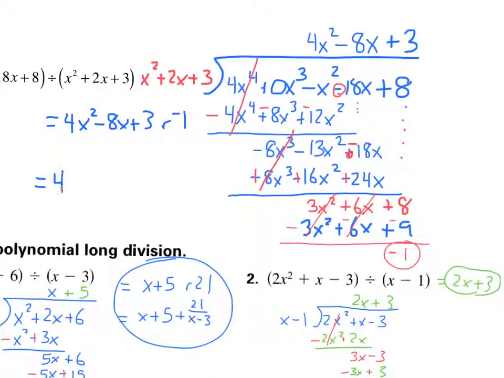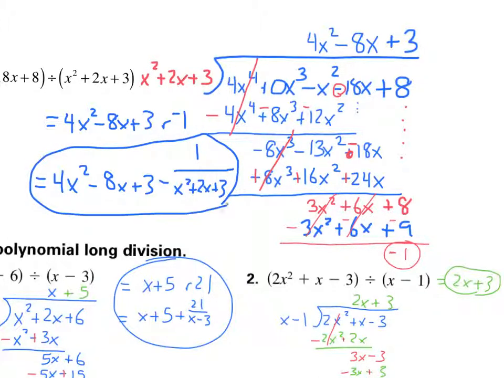Or 4x squared minus 8x plus 3 minus 1 over x squared plus 2x plus 3. And there we go.